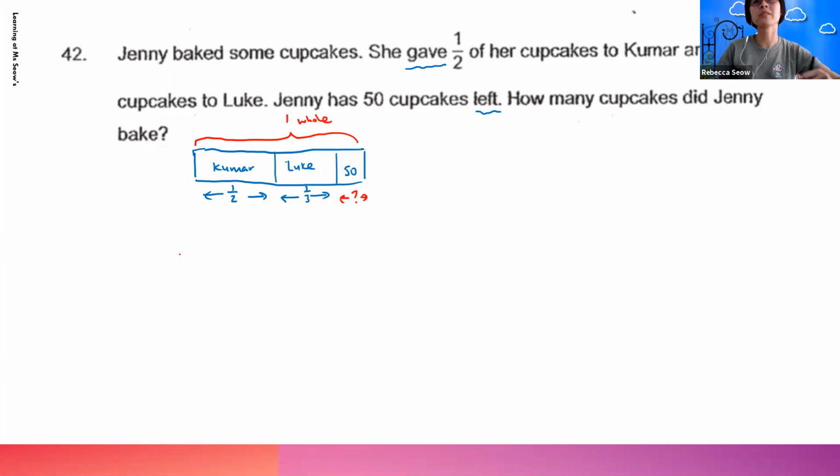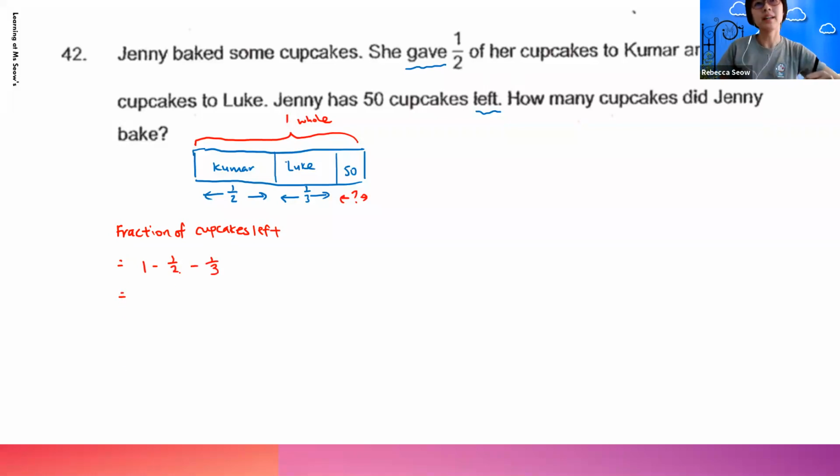So this will be the total number of cupcakes. So let's find the fraction of cupcakes left. We take 1 whole, subtract half, and we subtract 1/3.